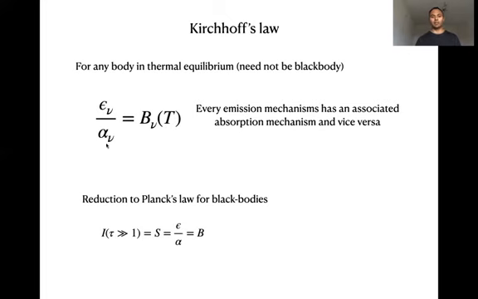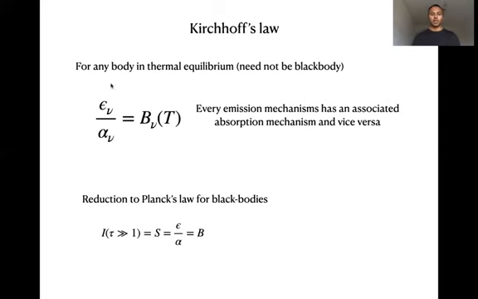This is again a very fundamental relationship because it tells two things. One is the obvious thing which this equation is telling you, which I've written here, is that every emission mechanism has an associated absorption mechanism.